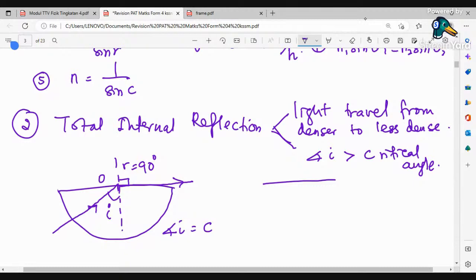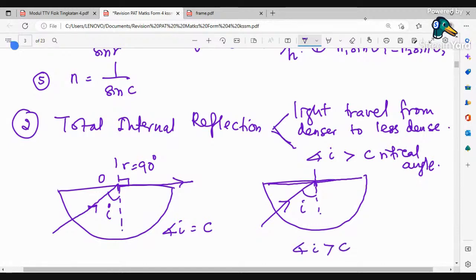So when angle I is greater than C, increase I, angle I more than C, of course the angle of refraction will be greater than 90. When greater than 90, it will go down here. When it goes down here, we don't call it refraction anymore, we call it reflection, because it goes back to the same medium.